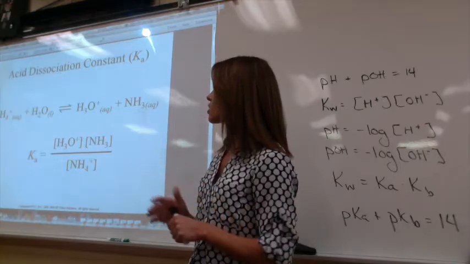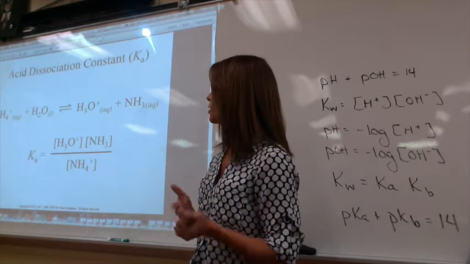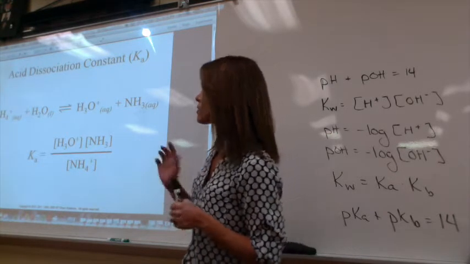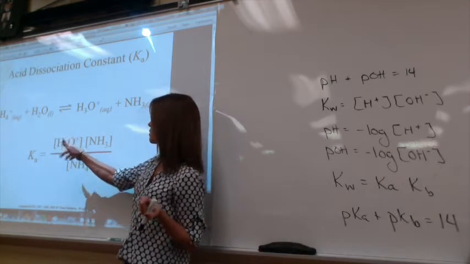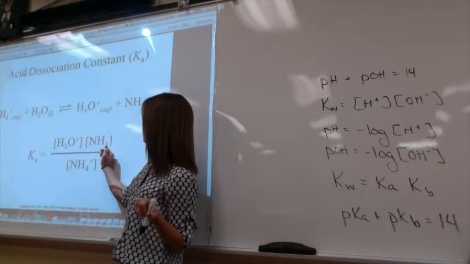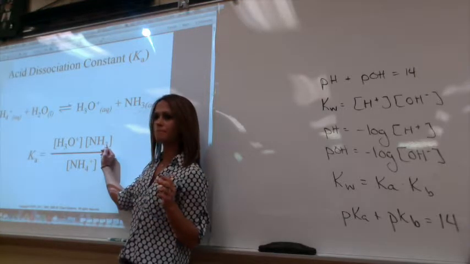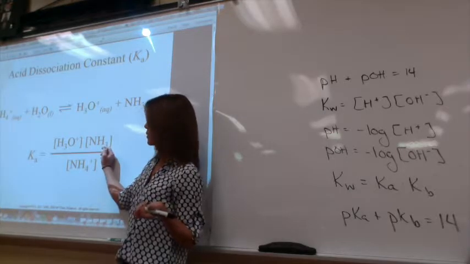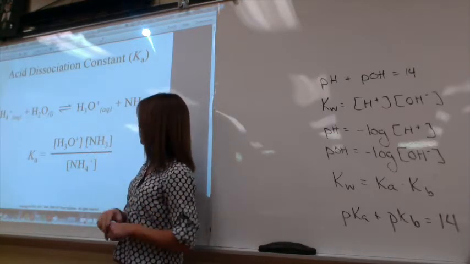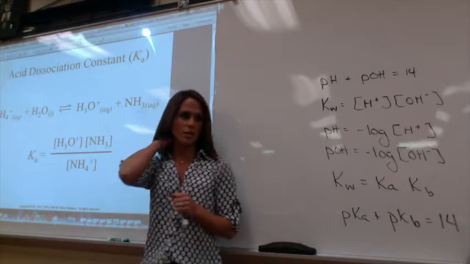So pay attention to what your values actually are. But if we're solving for Ka, you're going to do it the same way as before. Products over reactants. We don't include liquids. We don't include solids. If there's coefficients, what do you do with them? You raise it to the power. You make it the exponent, right? So for this one, this is our acid dissociation constant.